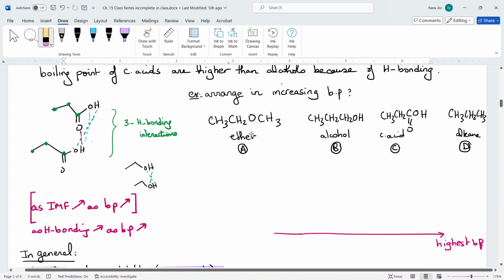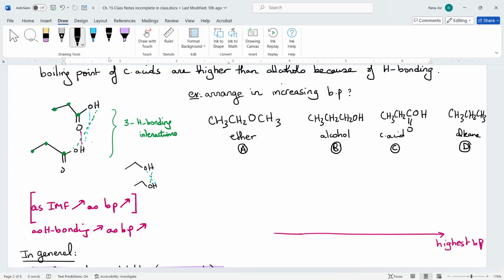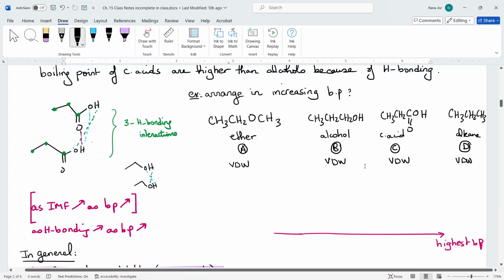So if we have this example where we have multiple functional groups and I ask you to arrange them in increasing boiling point, you have to check the intermolecular forces of each one of them, and the one that has more intermolecular forces will have the highest boiling point. All of them have the weakest type of intermolecular forces, which is the London forces or the van der Waals forces. Why? Because all of them have a carbon chain, and the van der Waals forces exist between carbons.